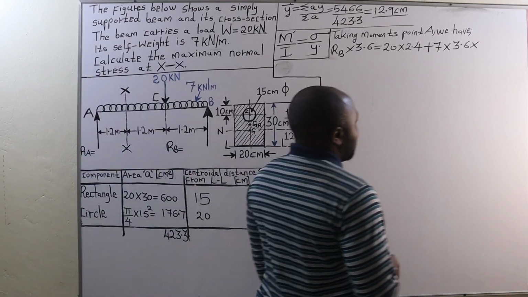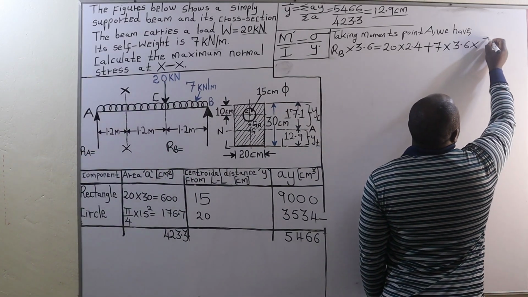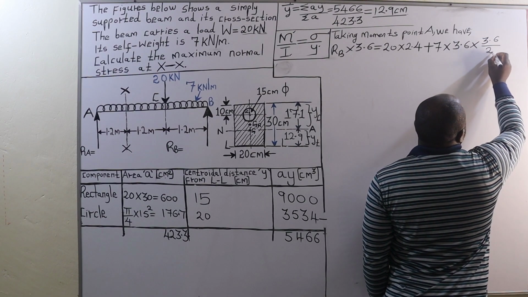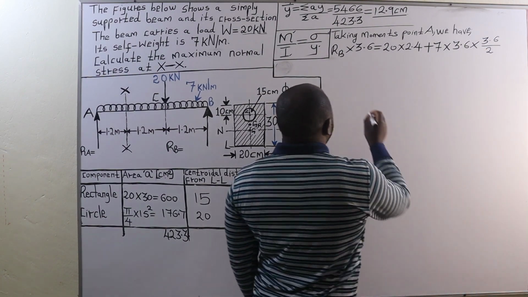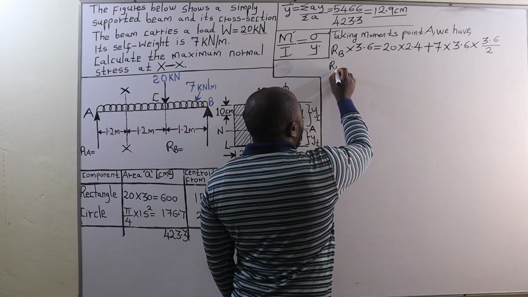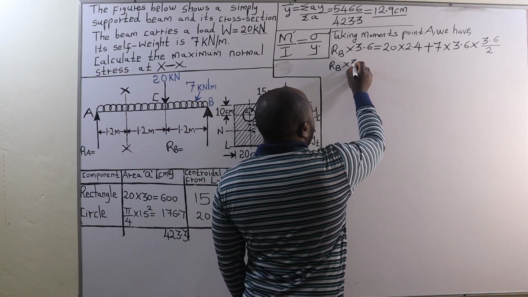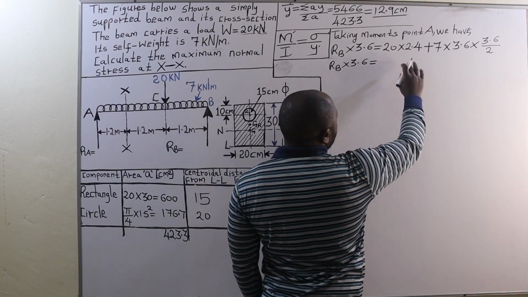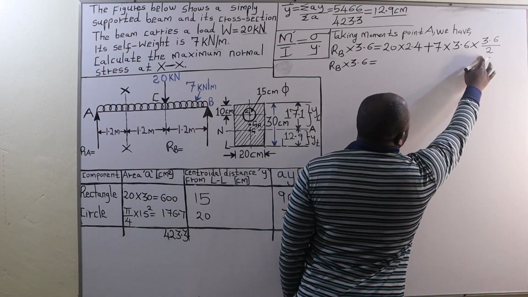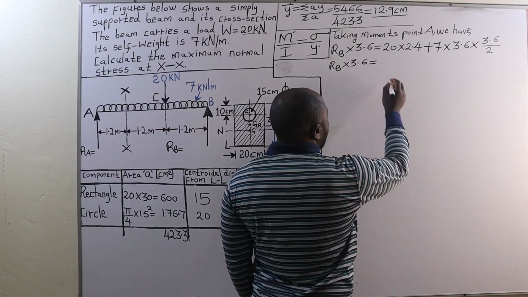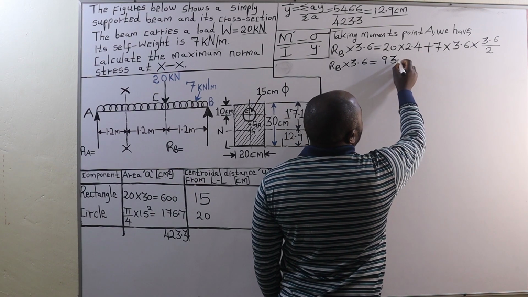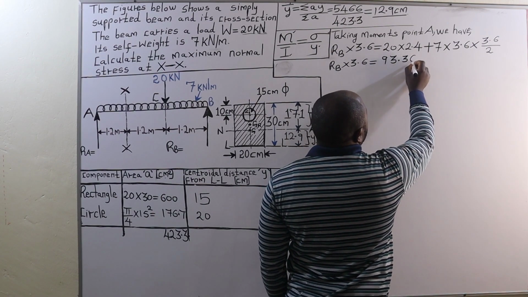Therefore, times 3.6, divide this by 2. So this is going to be RB times 3.6 being equal to, when you carry out that calculation, that's going to give you 93.36.